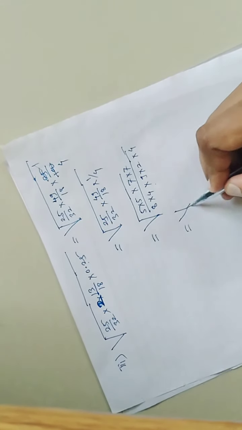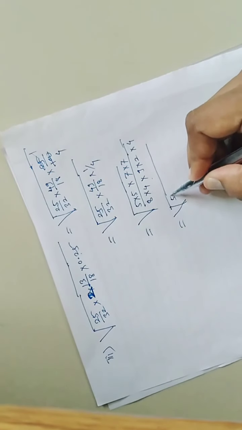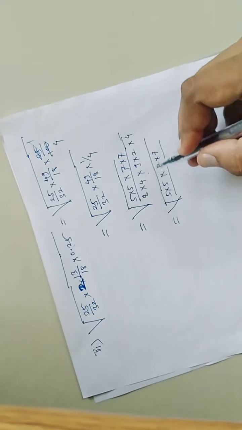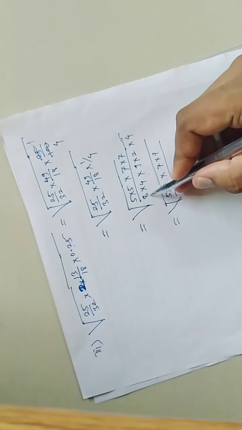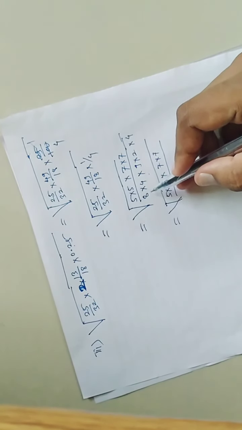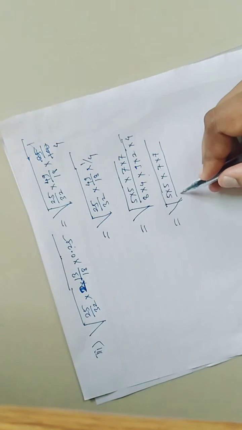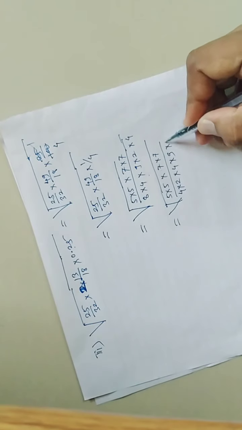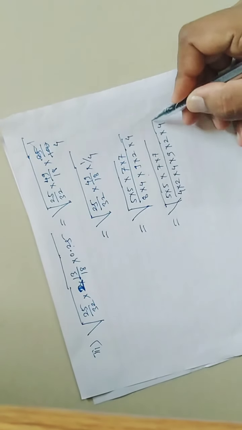Now see, again I will write 5 multiplied by 7 multiplied by 7 divided by 4 2s are 8, 4 multiplied by 2 multiplied by 4 multiplied by 9 multiplied by 2 multiplied by 4.